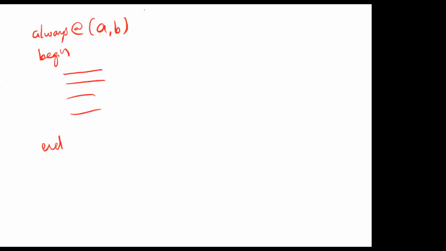So there are a variety of ways in which you can use always statements, but some general ways. For example, like the one we discussed, we have always @(A or B), begin and end, and whatever happens in here happens whenever there is a change in A and B.